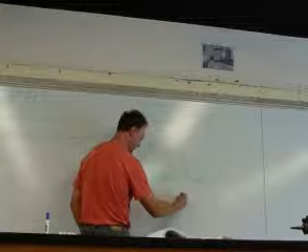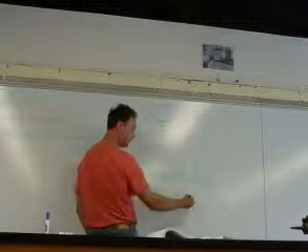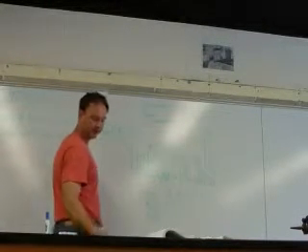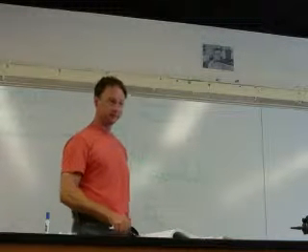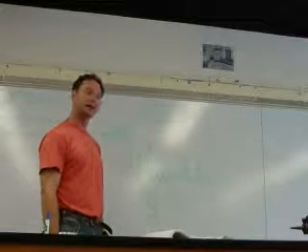And what do I know about the summation over i of P sub i? It has to equal 1, by very definition. The probability has to add up to 1.